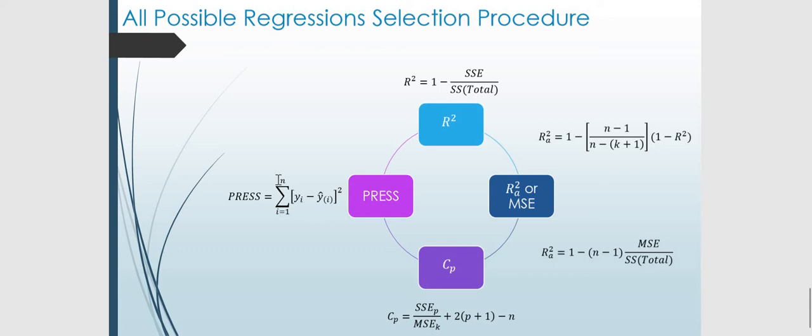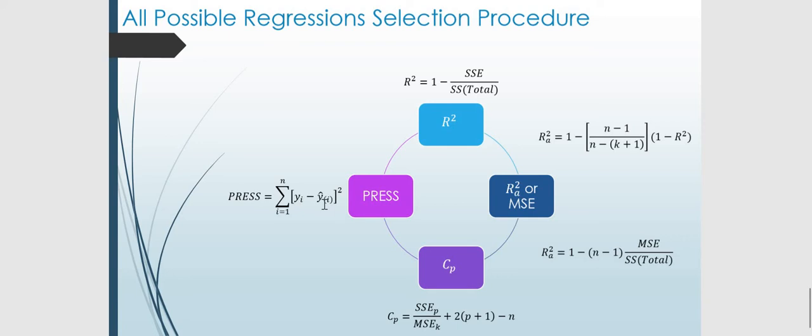Let's say you have a sample of size n. For i equals 1, you build your model using observations 2, 3, 4, all the way to observation n. So the first observation is not included in fitting the model.